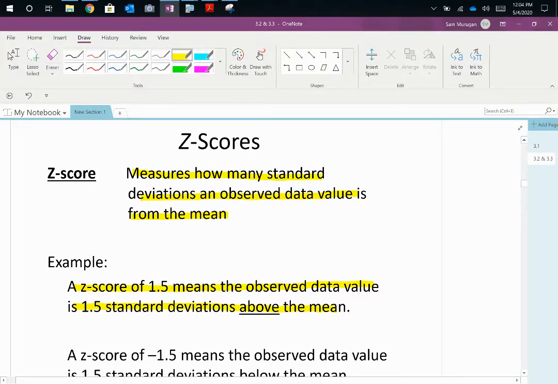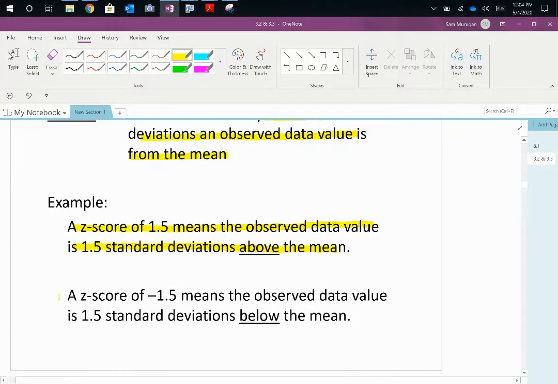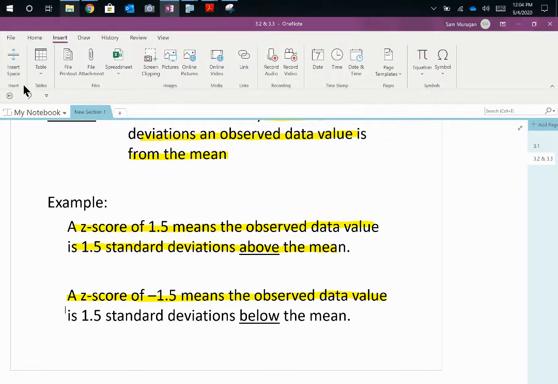Sometimes it's not possible to get exactly 1 or 2, so we might go to 1.5 or minus 1.5 and so on. A z-score of minus 1.5 means the observed data value is 1.5 standard deviations below the mean.